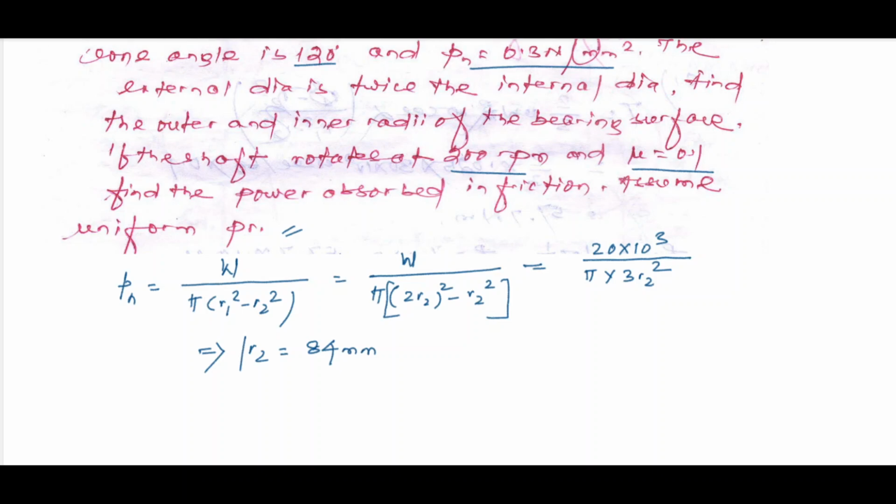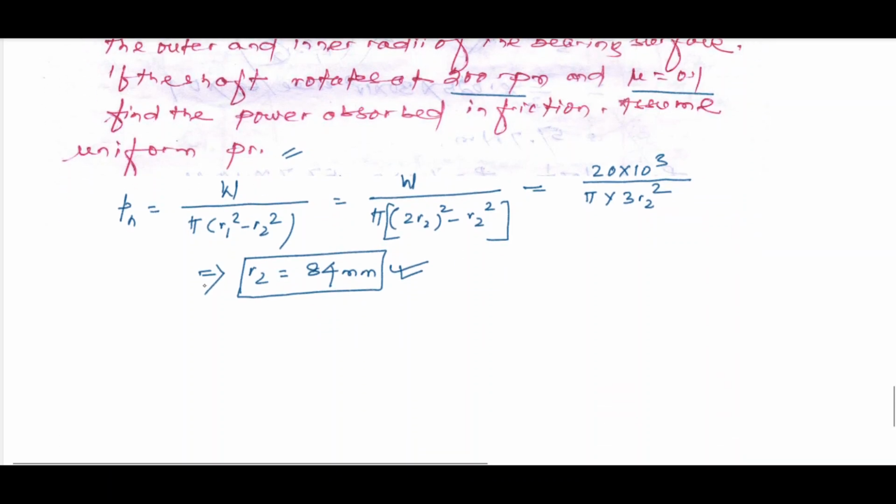Please recheck, calculate and check this value. R2 will be 84 mm and R1 will be twice that of your R2, so R1 is 168 mm.